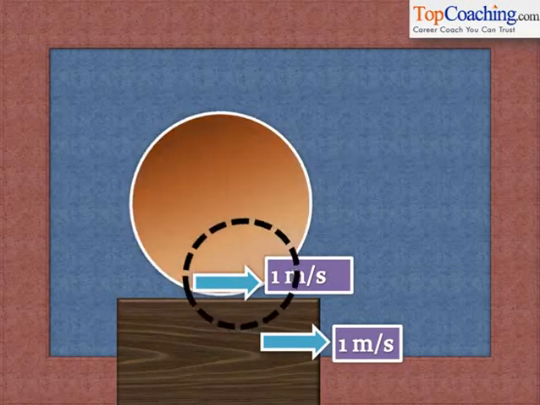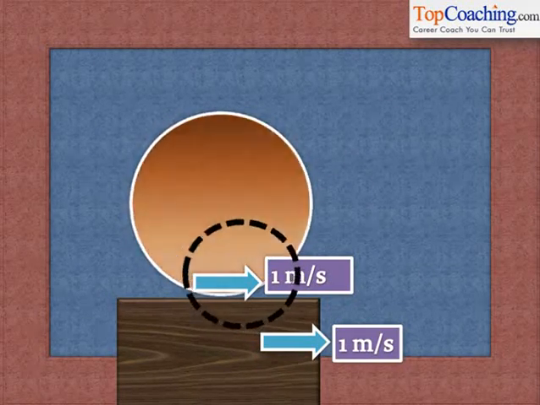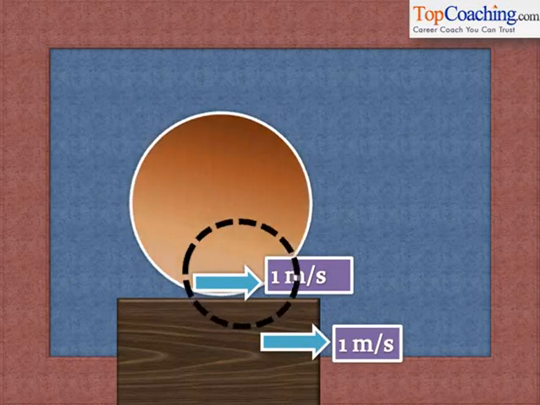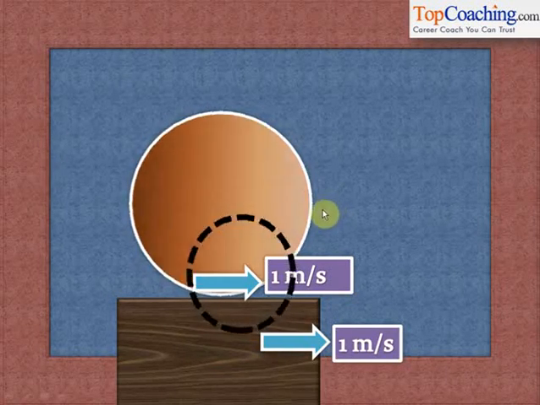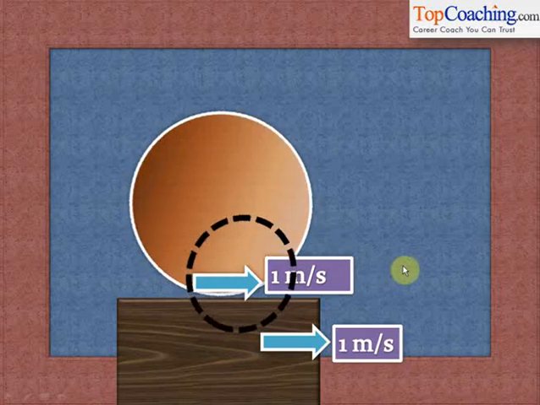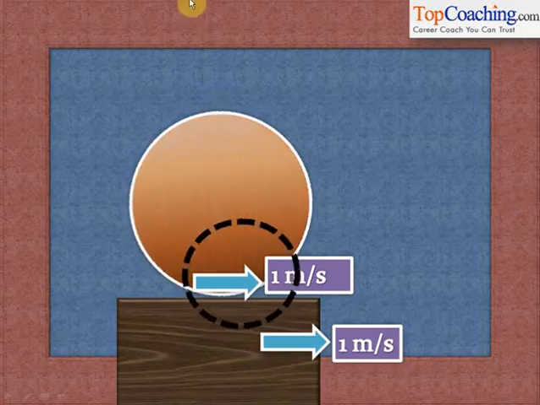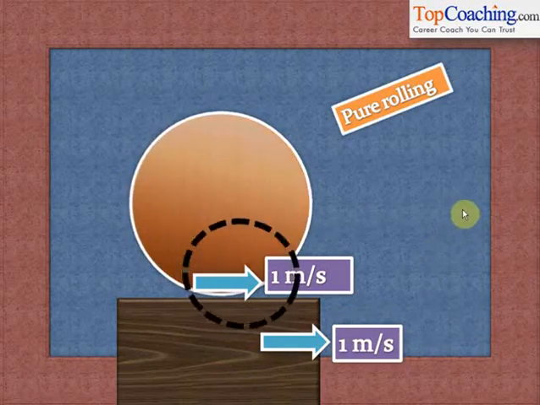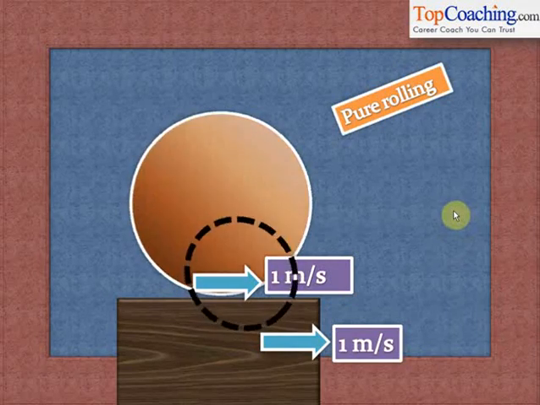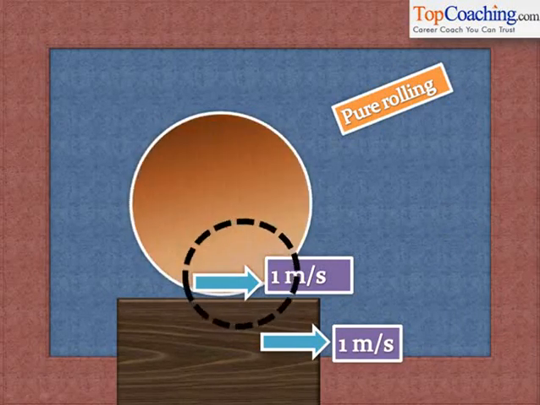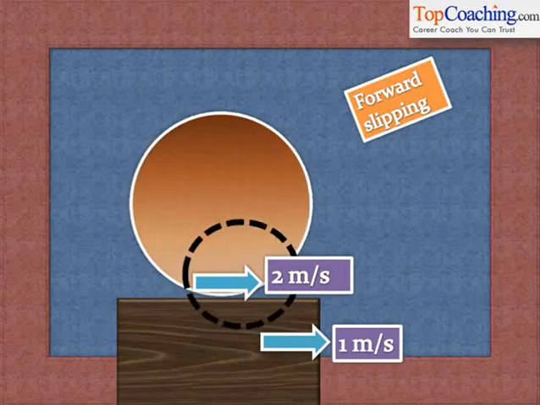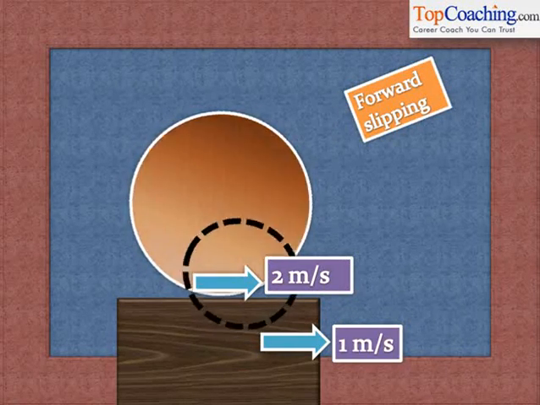Sometimes pure rolling does not take place, and then the ball or the disc or the wheel is said to slip on the floor. We just saw that when the velocity of the bottommost portion of the wheel is equal to the velocity of the floor, that is 1 meter per second, pure rolling took place. If, however, the velocity of the bottommost portion of the wheel is greater than the velocity of the floor, say it is 2 meters per second, in that case we say that forward slipping is occurring.